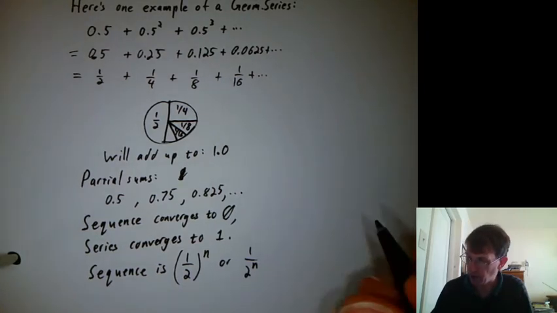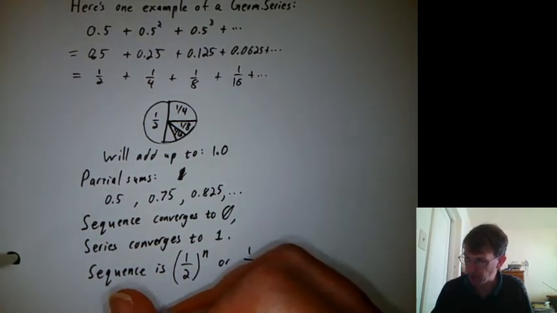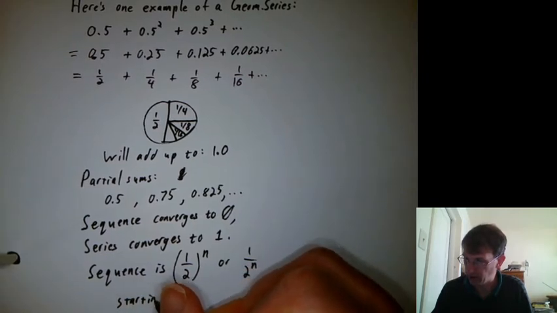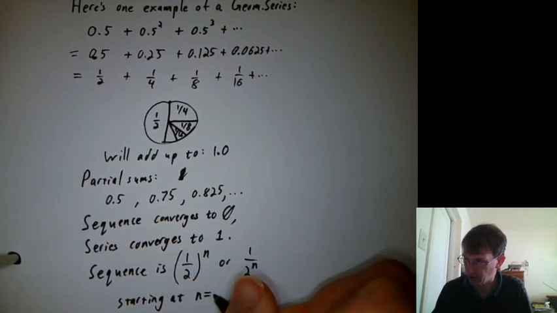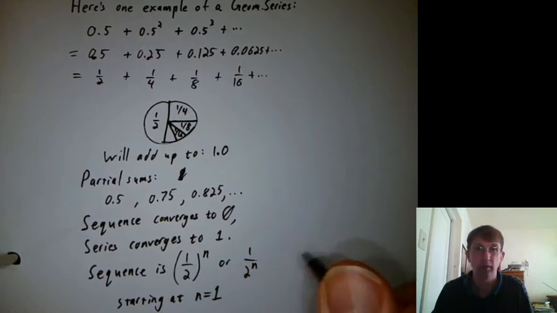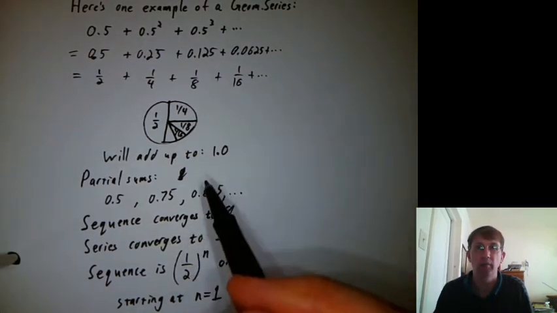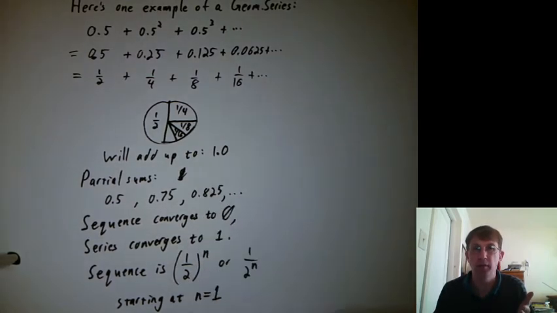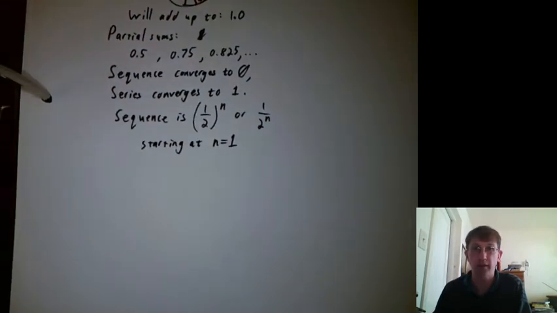But this is starting at n equals 1, which is kind of our default, but it turns out for other reasons it's better to start at 0 usually, and so that's what we'll do when we're defining the geometric series. So let's do that next.